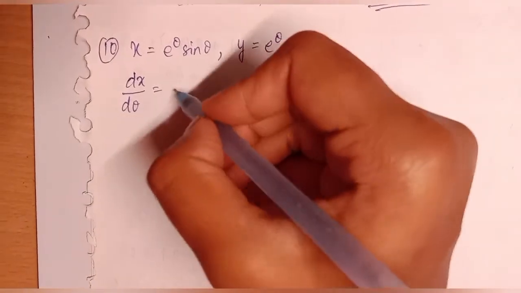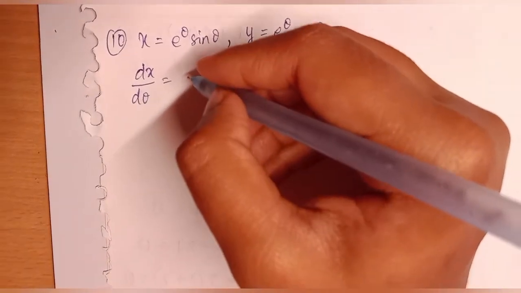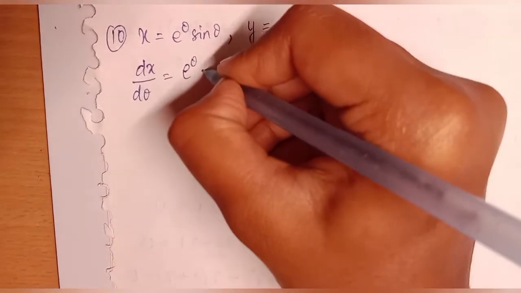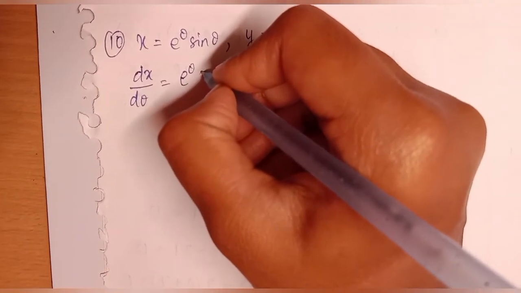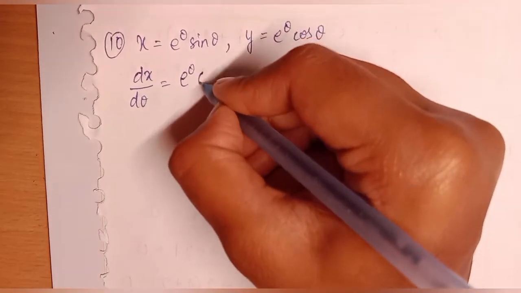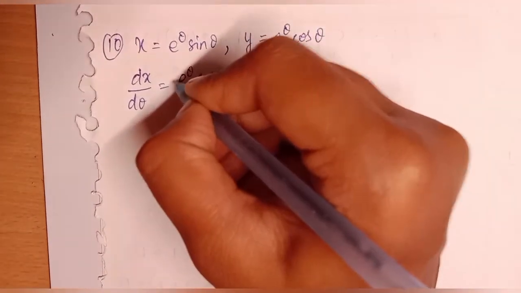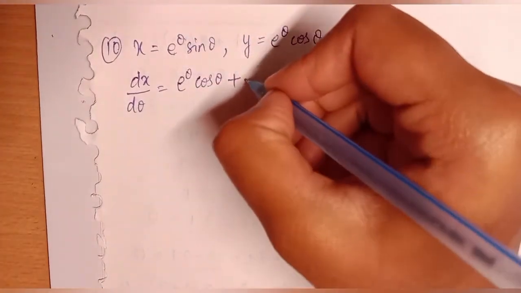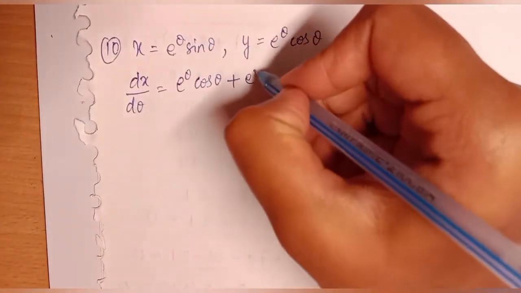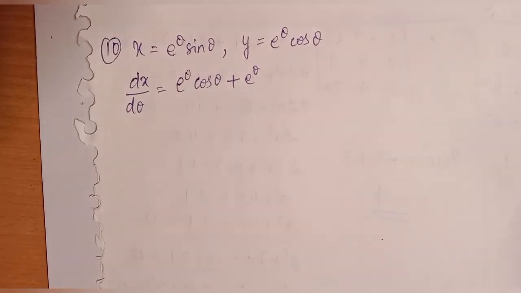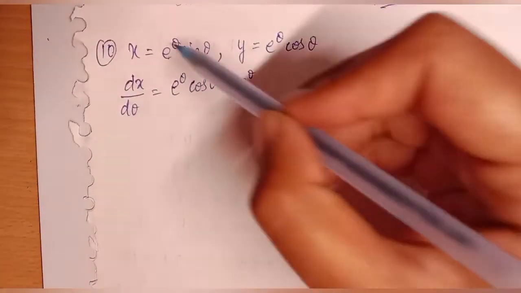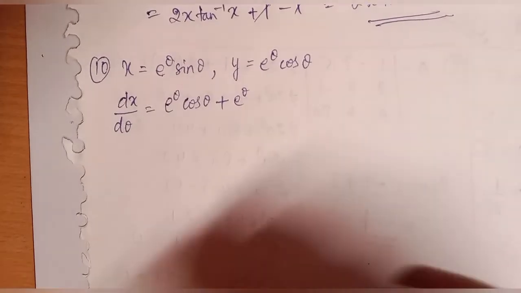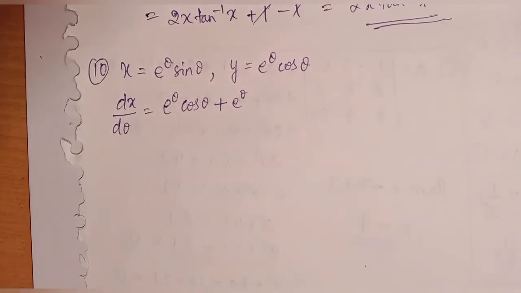You know this, right? So we start, dx by d theta is equal to e theta sin theta will become cos theta, and e theta we will differentiate now. Same formula that we used above: keeping one constant, then differentiating the other one, then keeping the other one constant and differentiating the first one.